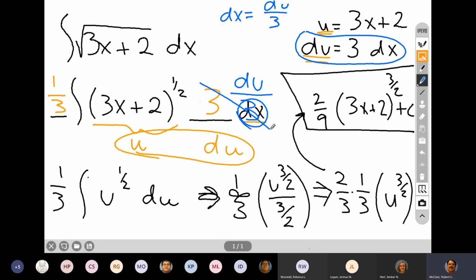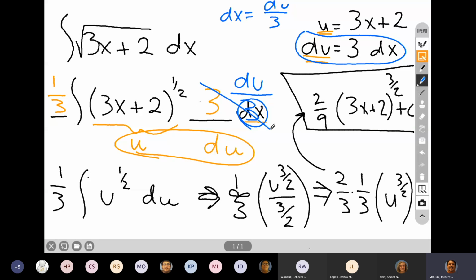And you will see in the problems that I'm doing, I put that blank there and I put a blank outside because that's what's going to happen. The 3 is going to cancel out. And that leaves us with u du, because the du is the only thing left. Just take my word for it.